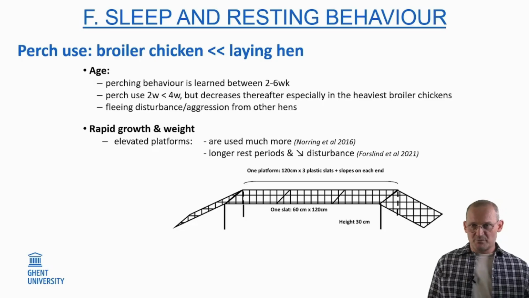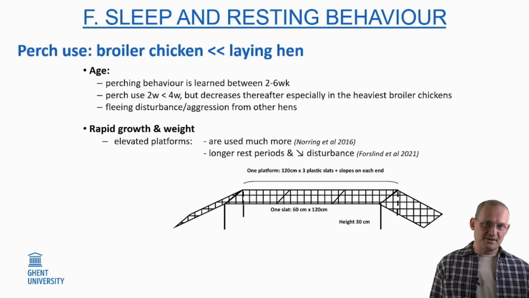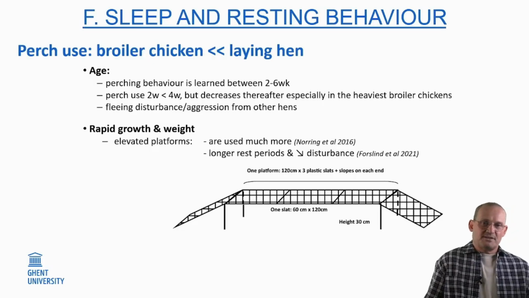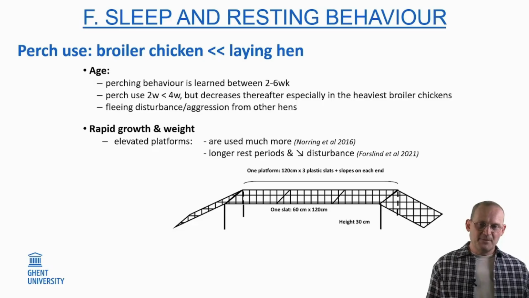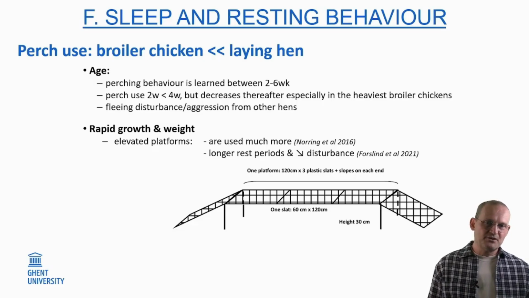It's important also for broilers to be able to perch in order to flee disturbance and aggression from other hens. But because they're so heavy and they grow so fast, we know that a platform is much more suitable to accommodate their perching need than an actual narrow perch.